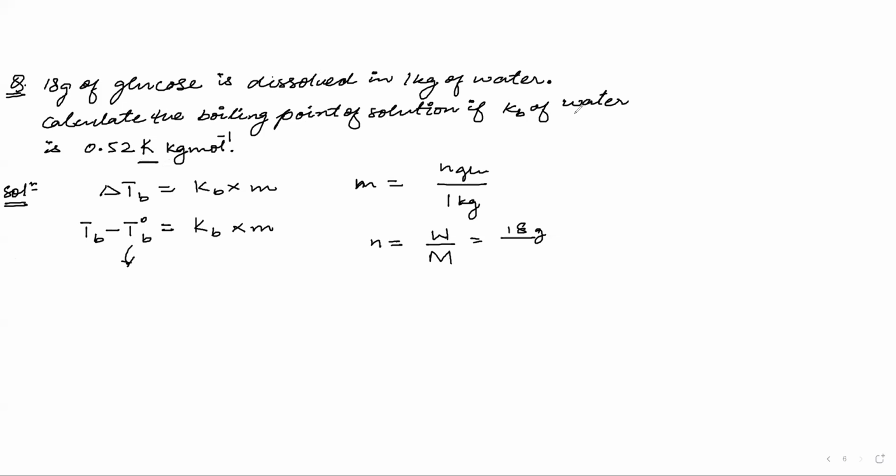Sanya, it is KB, no? KB of water is 0.52. Did she give the answer? I guess she got the answer. Okay, Sanya has got the answer of TB, sorry, delta TB. But what is the value of T naught B? The number of moles is 0.1.